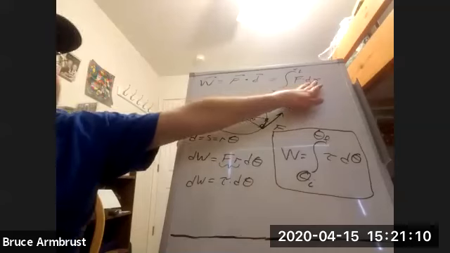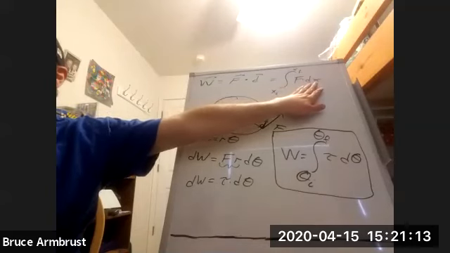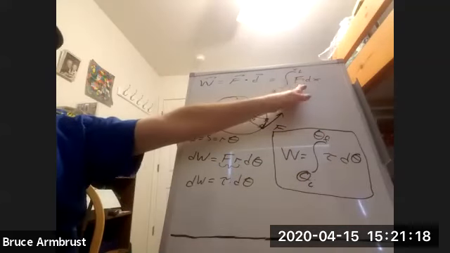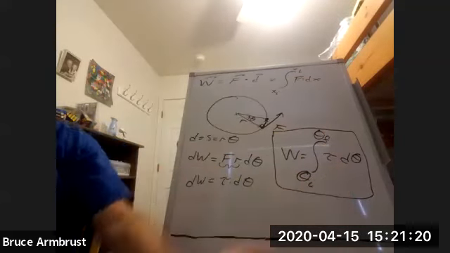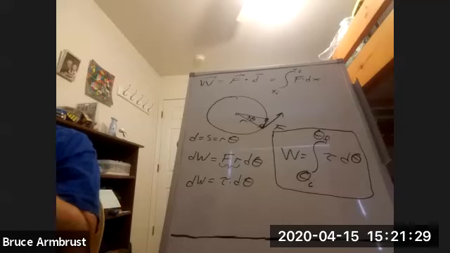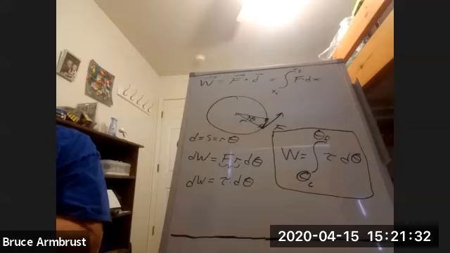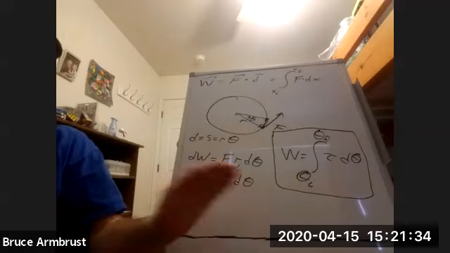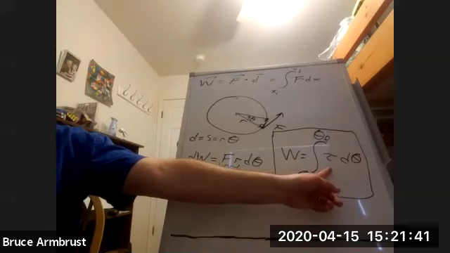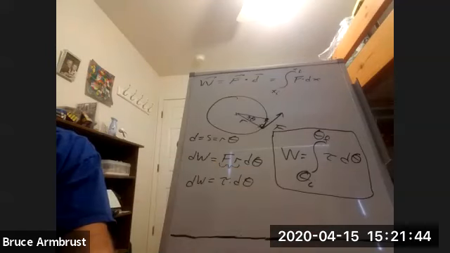Now, instead of x's, instead of linear positions, we care about angles. Instead of forces, we now have torques. And you can see that this is yet another example of where it's exactly the same. We're just translating to this rotational bit. So if we have constant torque, super easy. It's just torque times the change in angle. If it's not constant torque, we just put it into this formula and we integrate.